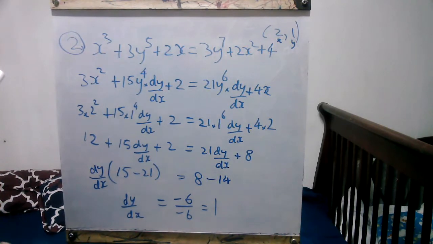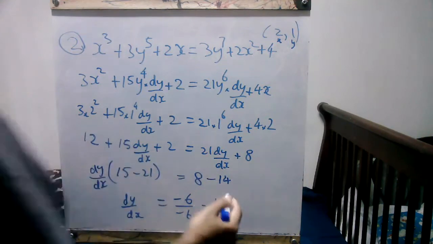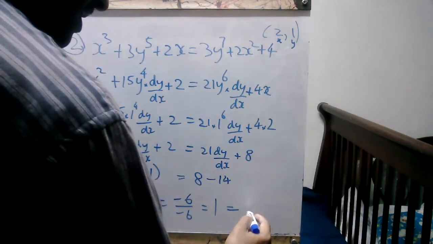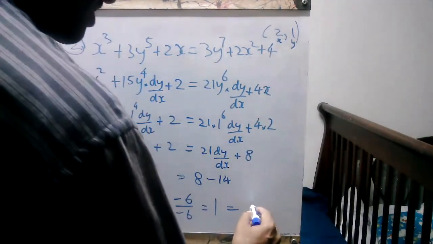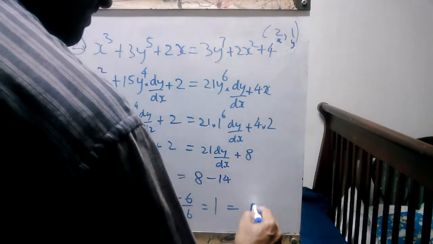Right, so we get dy/dx equal to 1. Now this is the slope at (2, 1). This is the slope m.